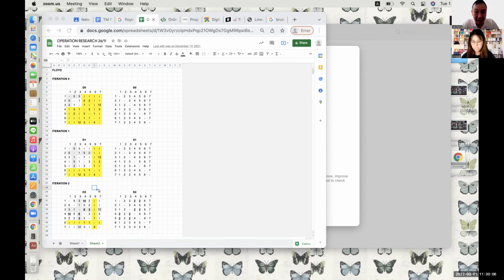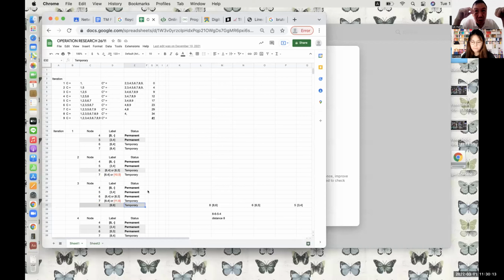Dijkstra is to get the shortest path from one initial node to one destination. Floyd Warshall is to get from all nodes to all other nodes. So many to many, versus one to one.